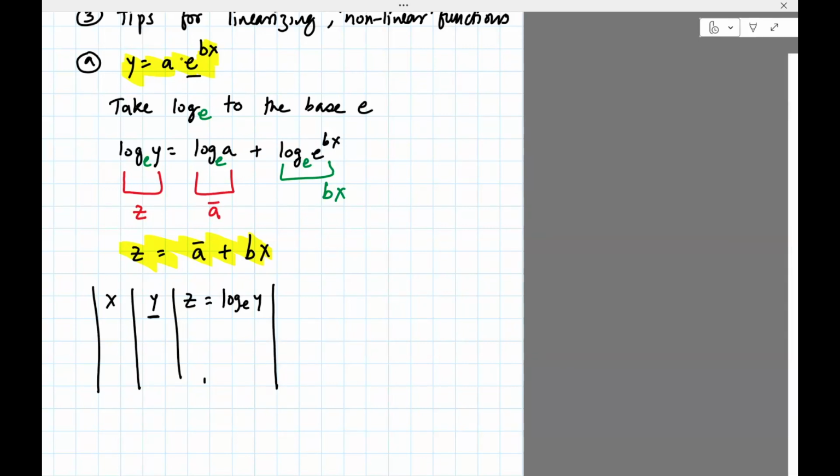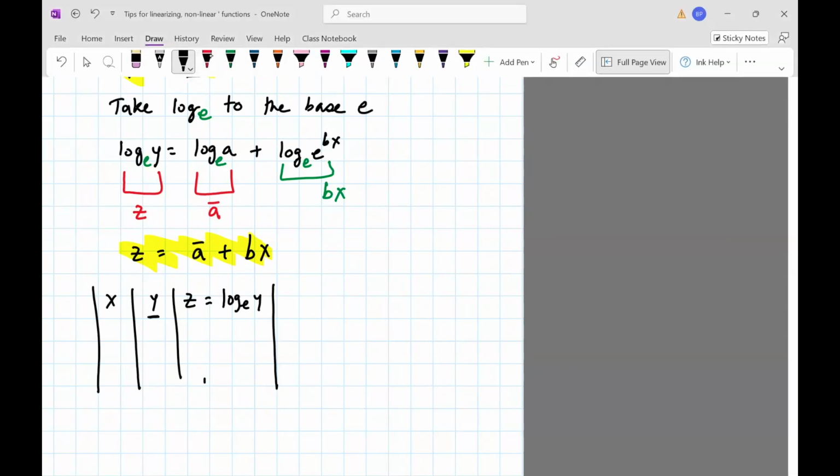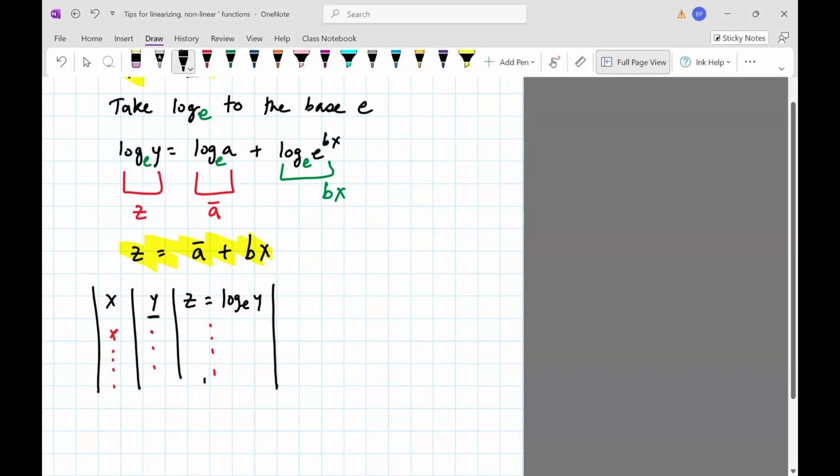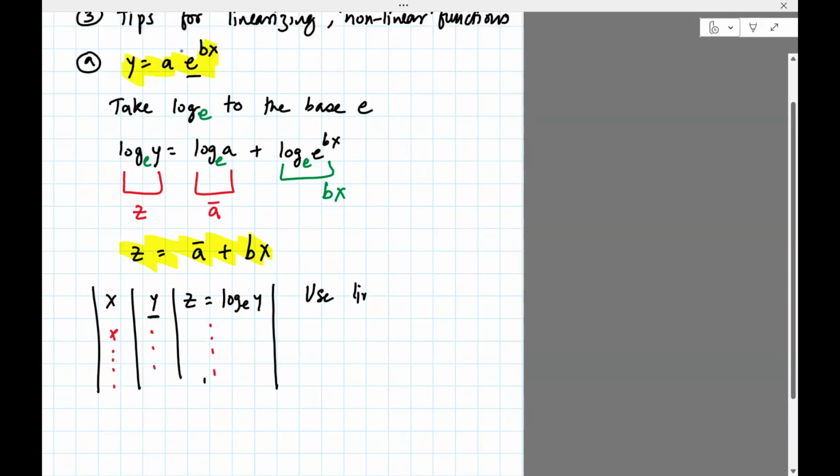And that's that. Once you create this column, fill in these dots. It's basically you just take log e y, and you're ready to use the linear regression formula to solve for, now you'll get a bar and b, right? b is straightforward.